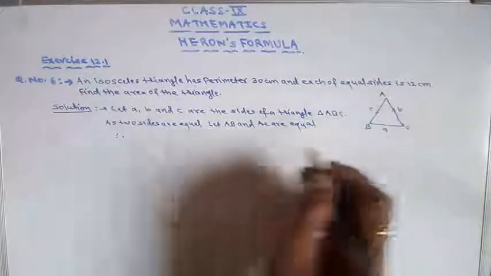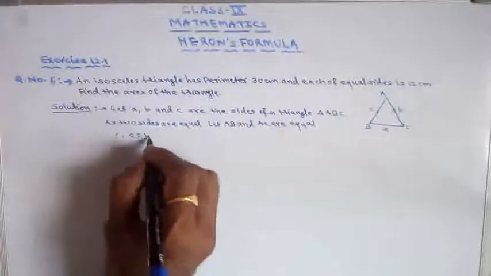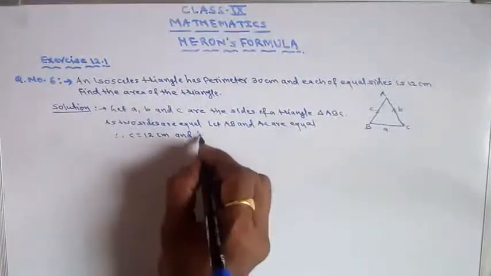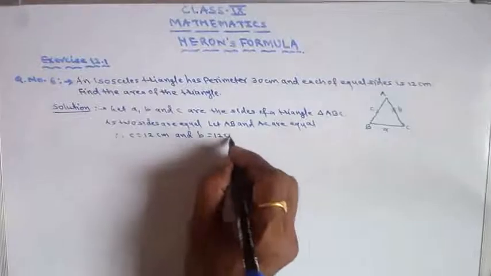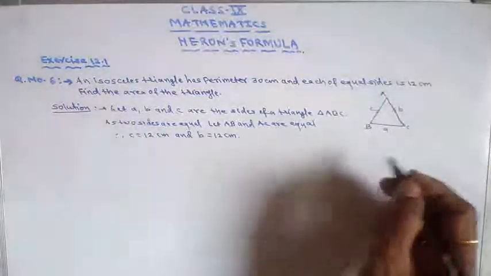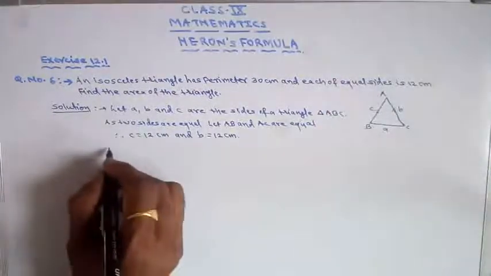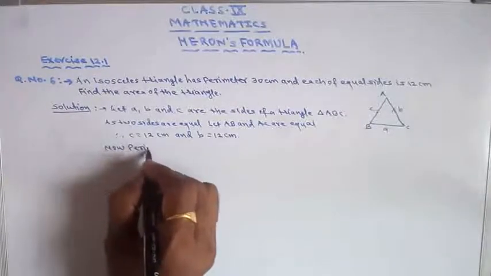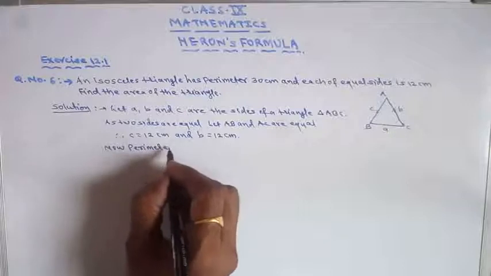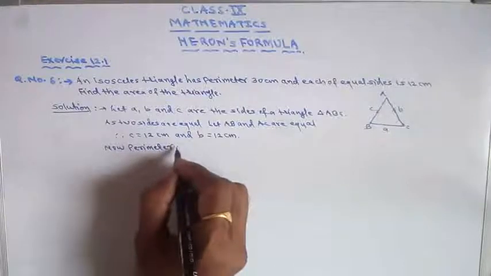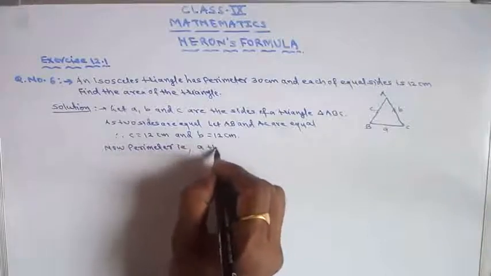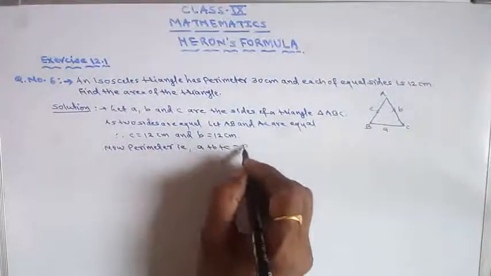Therefore, AB equals 12 centimeter and this AC will also be equal to 12 centimeter, right? So two sides are known, but the perimeter, now perimeter, that is a plus b plus c, that is equal to P.